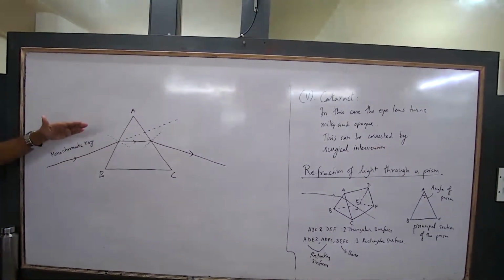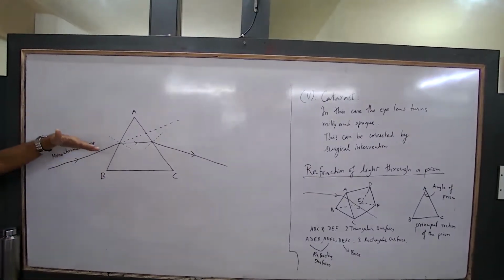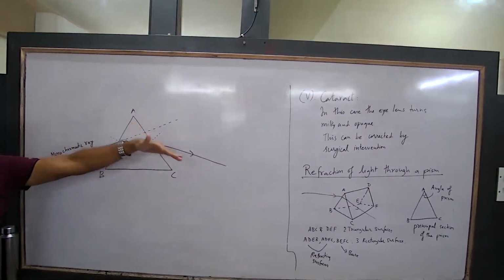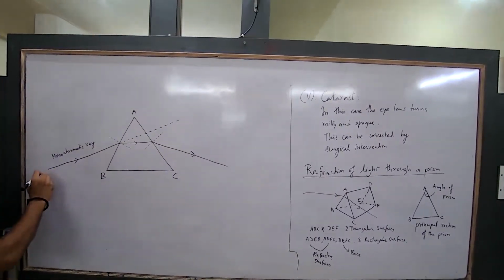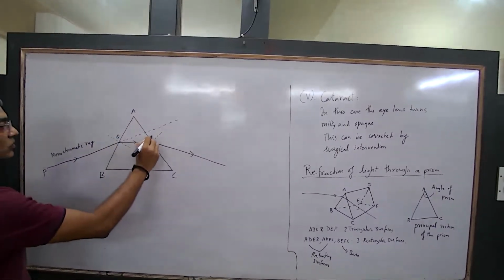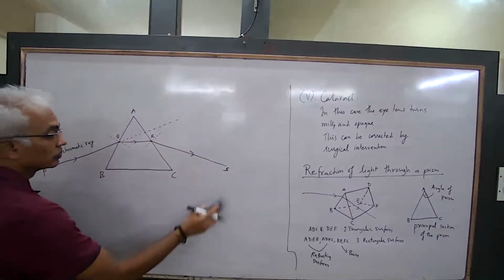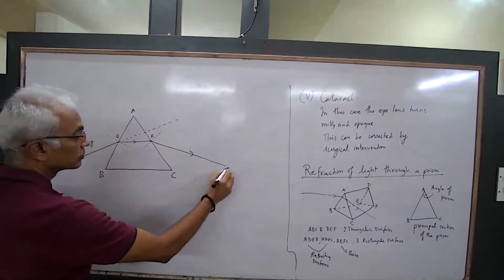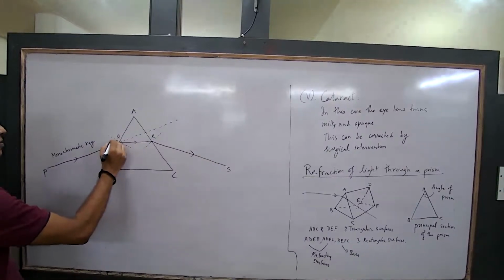Okay? So every time the ray bends towards the base only, while entering the prism also, while leaving the prism also. So this is the incident ray. So label it PQRS. So this will be angle of incidence.